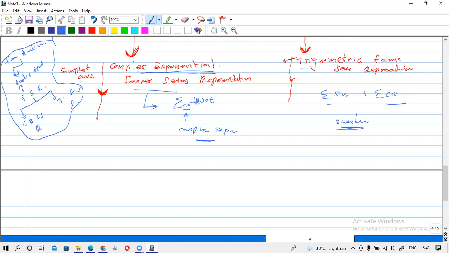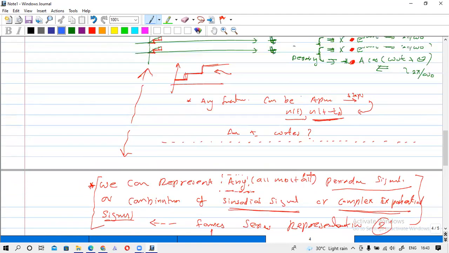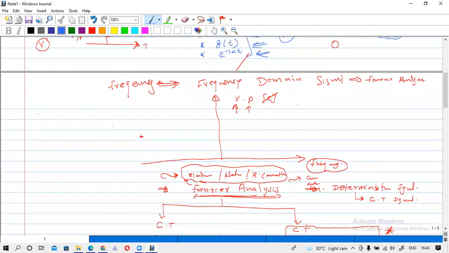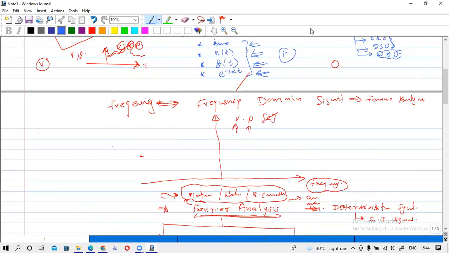If you give me the correct answer, I will add 10 marks to your mid-sem exam. Please take this opportunity. This is not a joke actually. Definitely I will add.